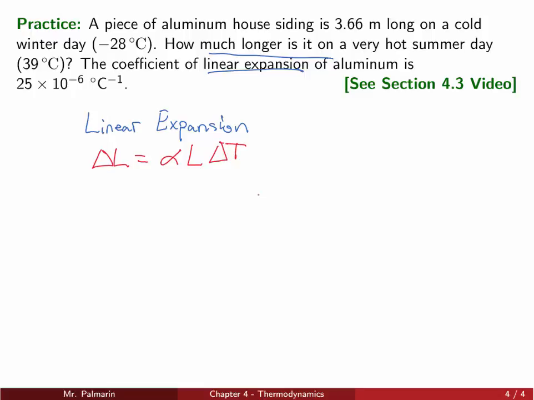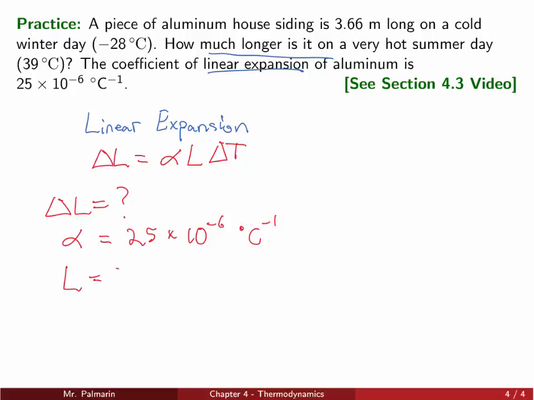Then we are looking for how much longer it is. So we're looking for change in length, right? Alpha is equal to 25 times 10 to the negative 6 degrees Celsius to the negative 1.